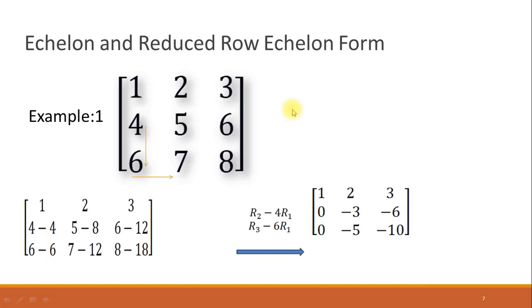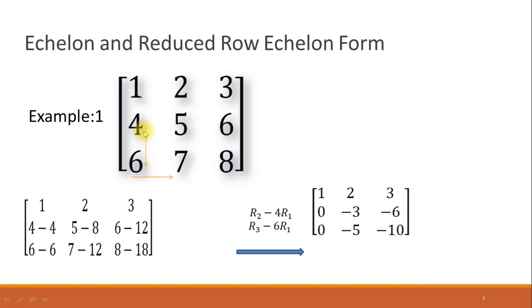Now let's move on to an example of echelon and reduced echelon form of a matrix. This is a matrix, and we want to create the echelon form of this matrix and the reduced echelon form of this matrix. For the echelon form of the matrix, we need to make these 2 numbers and this number 0.